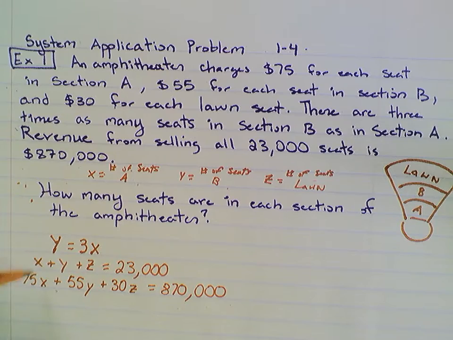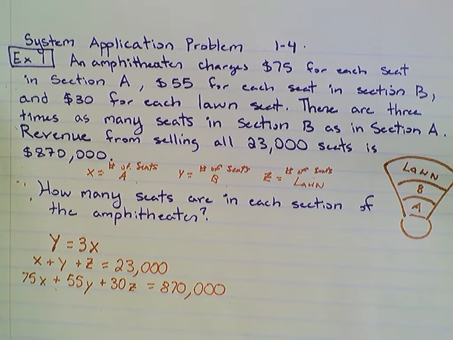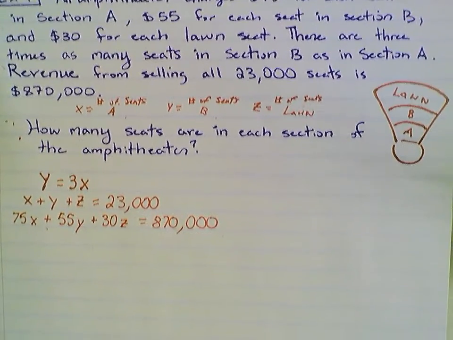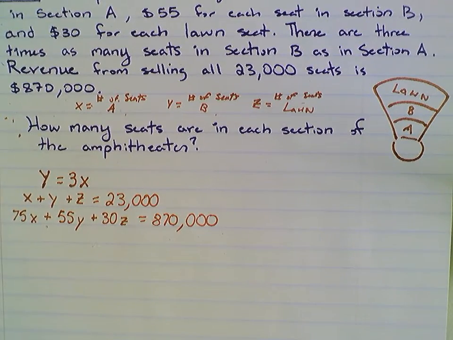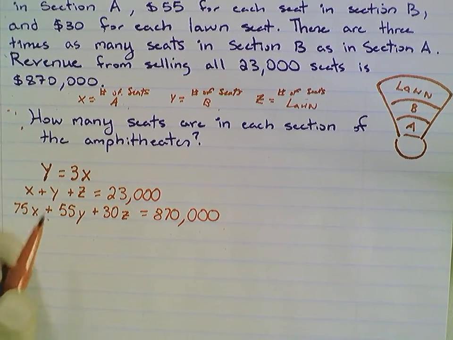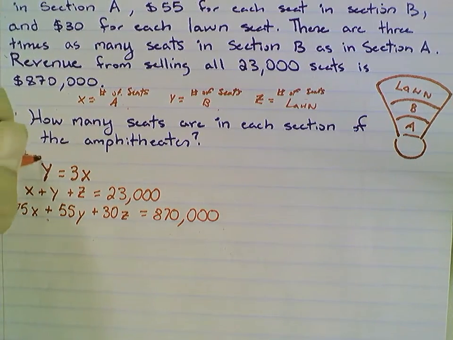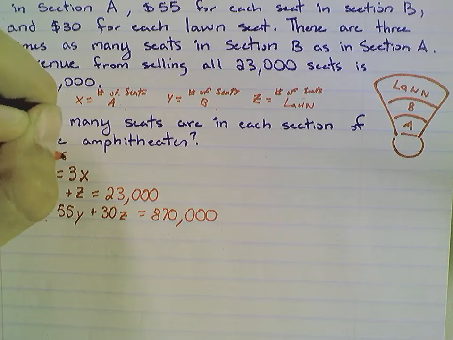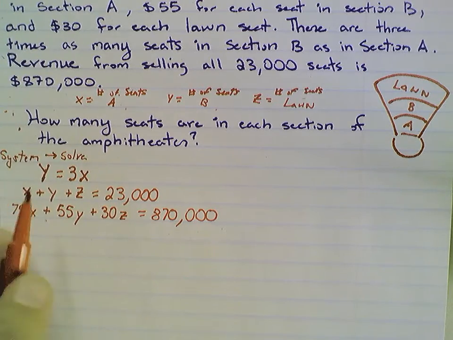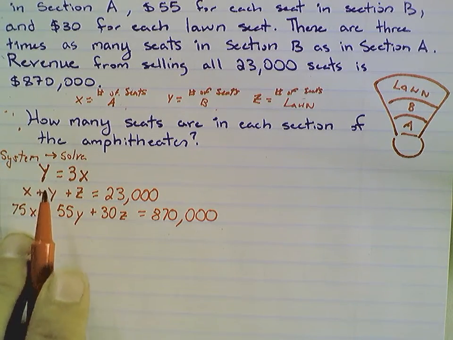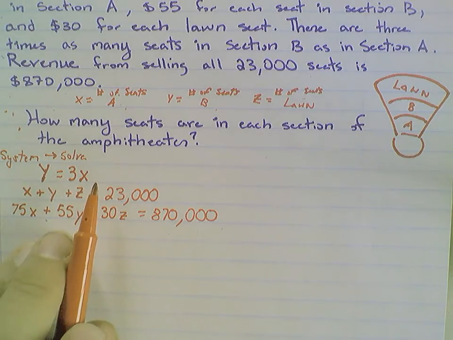Okay, so now we have our 3 equations. We also have 3 unknowns. And we can get started on solving this problem once we get it set up. So now, when I look at my system that I've created, this is my system that I want to solve. I notice right off the bat that one of the variables is already solved for. It says y equals 3x.